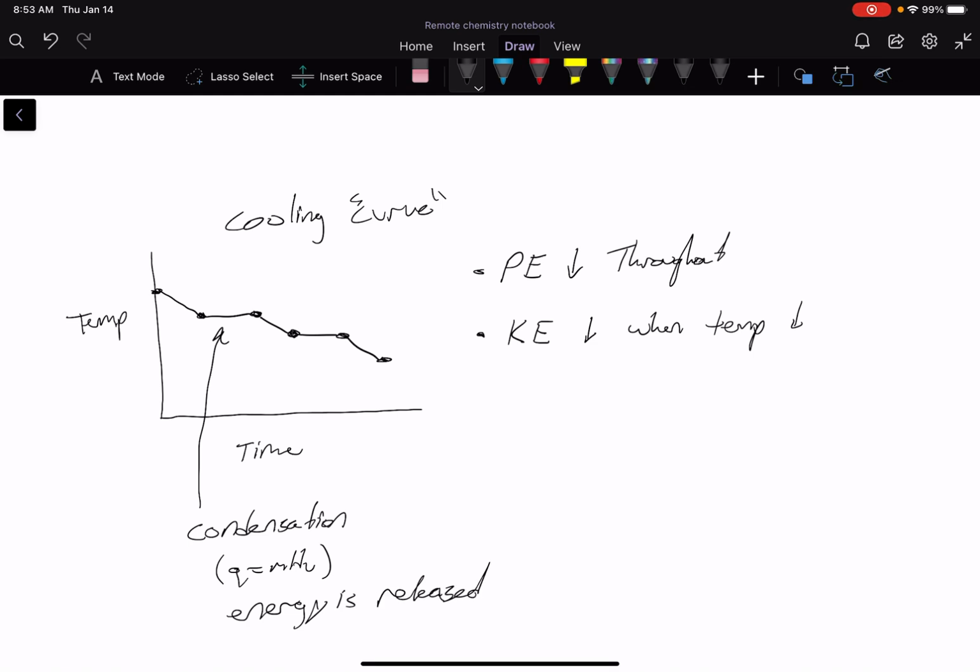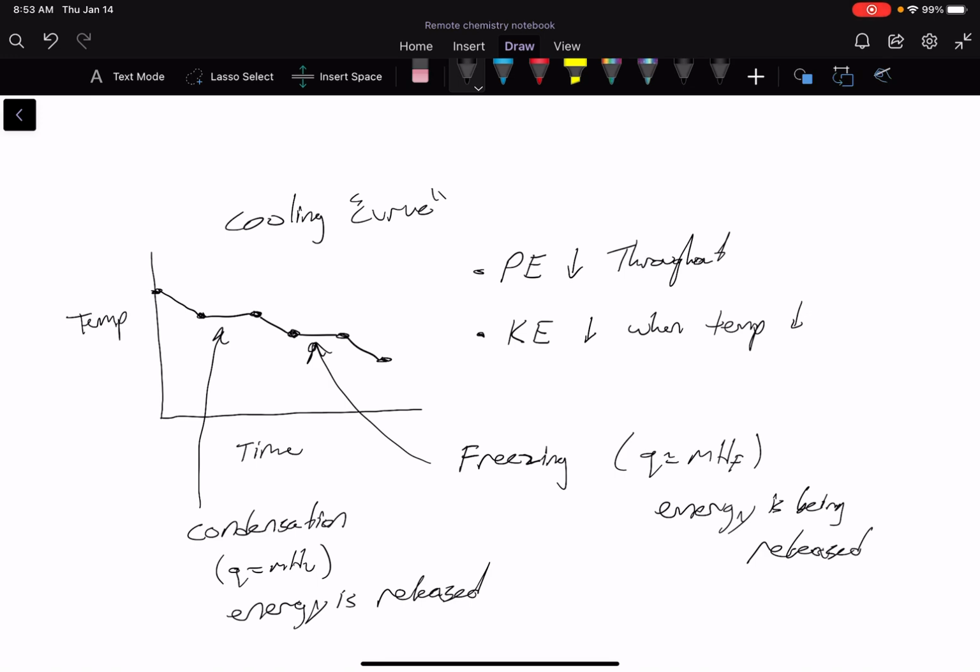So instead of energy being absorbed, energy is being released as condensation occurs. And for this point here, this is the freezing point. In this one, we can use Q equals mHF for fusion. And again, energy is being released. Sorry, it's a little messy.